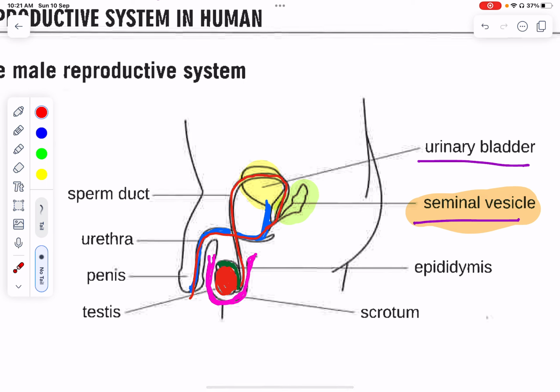Now the scrotum is a sac. It's like a ball sac that helps to situate and protect the testis, so that the testis is not found within your body, but on an external part of your body. I know this sounds controversial in the sense that it is still part of your body.